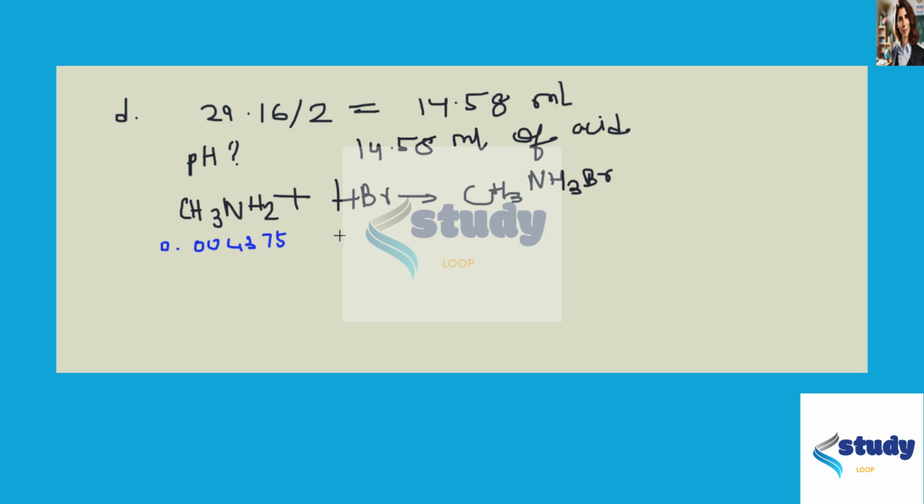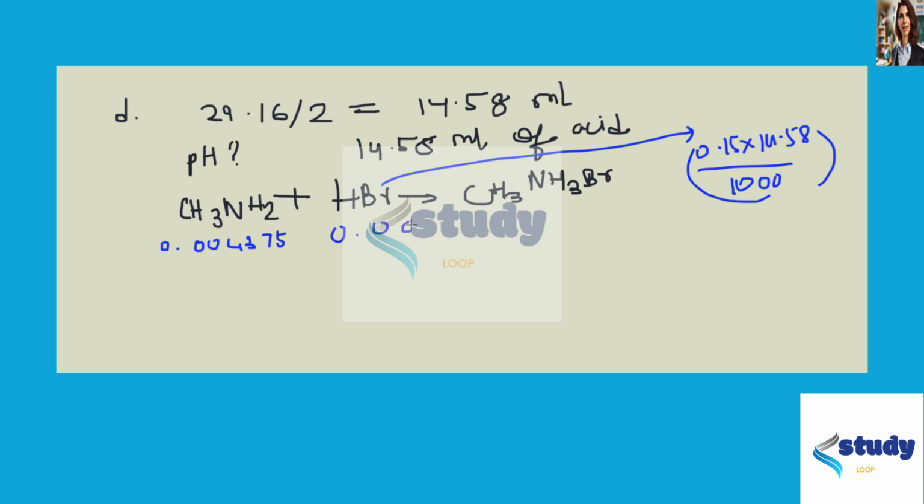HBr we need to calculate separately because in the previous case you added 5 milliliters, but in this case you added 14.58. So on the side, remember what I'm doing here is 0.15 into 14.58 divided by 1,000. That value comes out to be 0.002188, and it starts with 0.